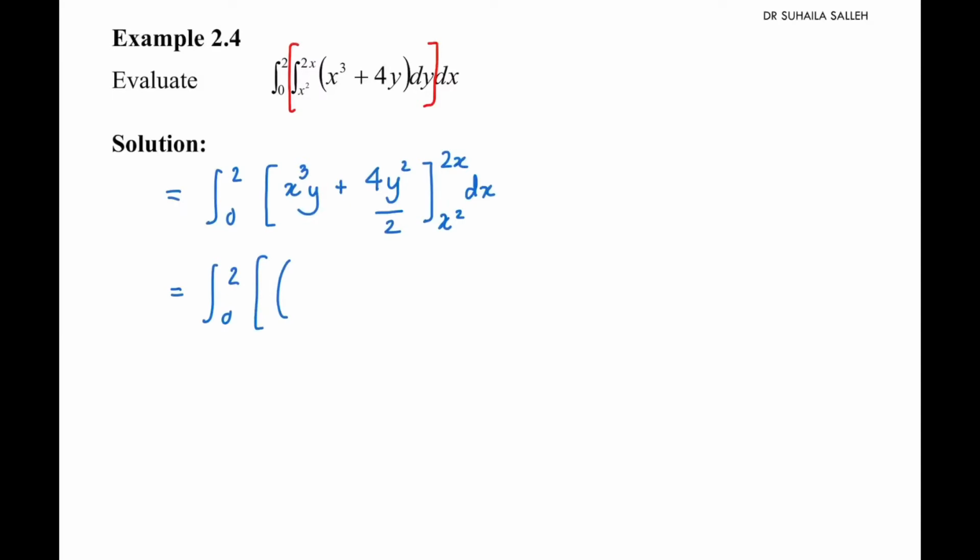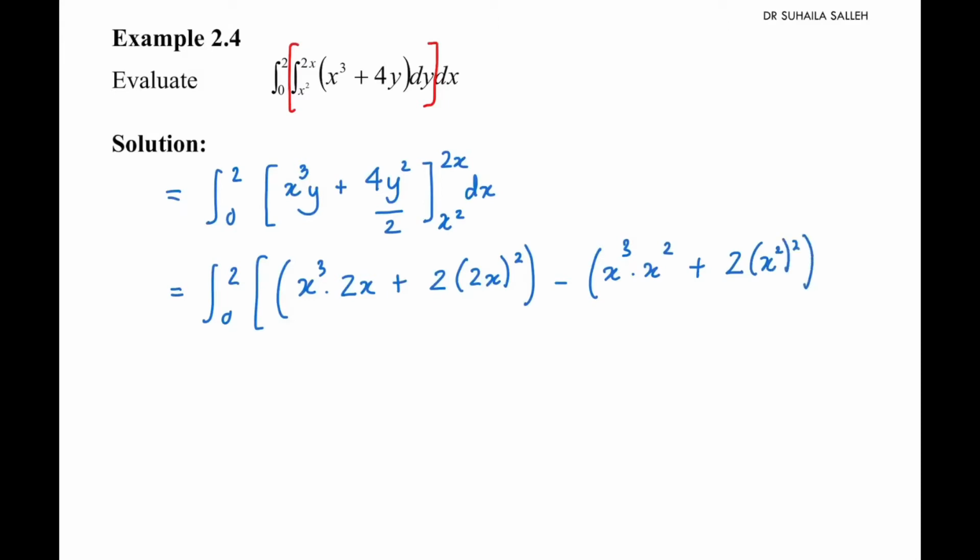Inserting 2x: x cubed is there, so times 2x, plus 4 over 2, that's 2, times y squared, that's going to be 2x squared. That's inserting 2x. Take away, inserting x squared now: x cubed times y, which is x squared, plus 2 times y squared, which is x squared squared.